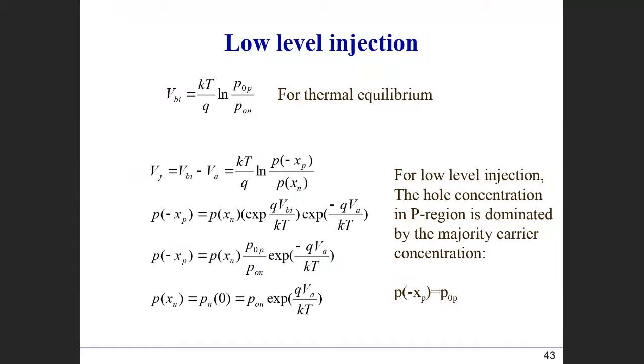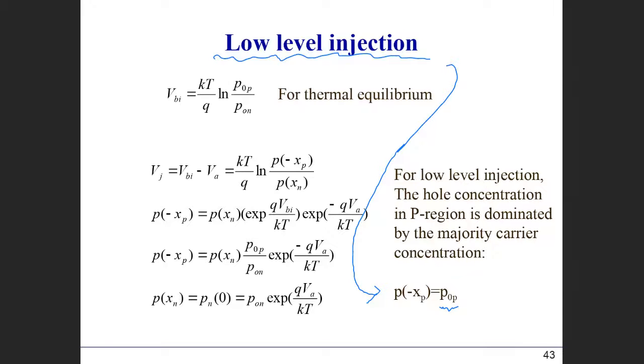At the low level injection, the majority carrier concentration still remains at its thermal equilibrium value. Okay. So that's the meaning of low level injection. And then based on this low level injection, you get this kind of conclusion.